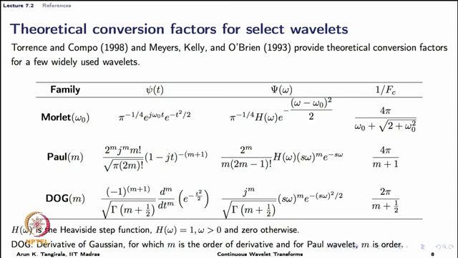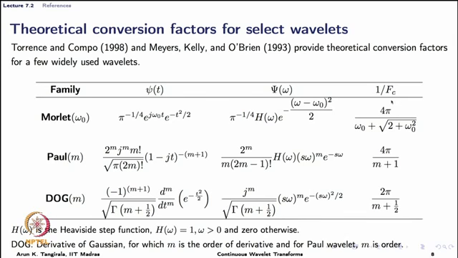The third column gives you the expressions for the Fourier transforms. H of omega is the Heaviside step function, the standard step function, which is 0 for negative frequencies and unity for non-negative frequencies. You can quickly notice that for the first 2 wavelets, because they are complex and symmetric, the Fourier transform is real valued, whereas the derivative of Gaussian is a real valued wave, and therefore the Fourier transform is complex.